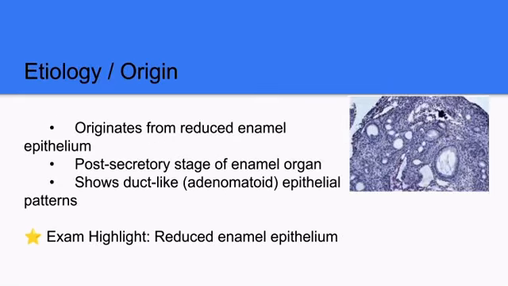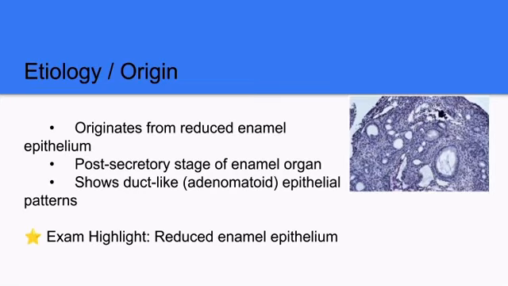Now moving forward towards the etiology. AOT most likely originates from the reduced enamel epithelium. This is supported by its location around unerupted teeth and histological features.